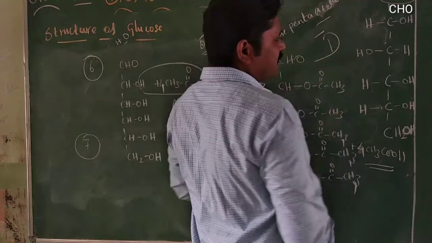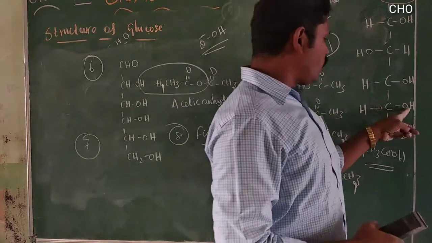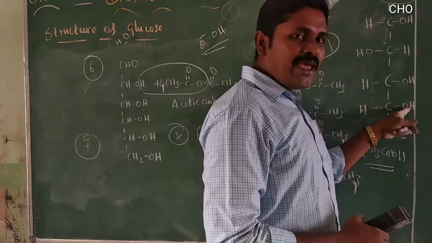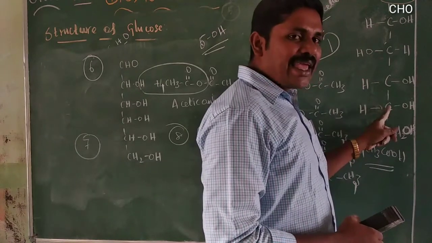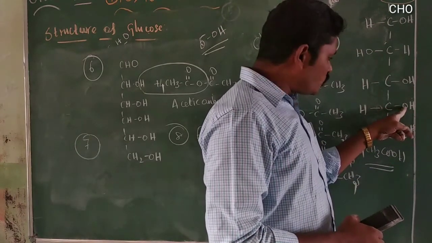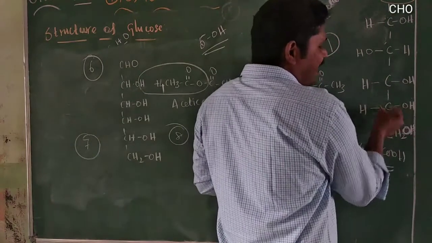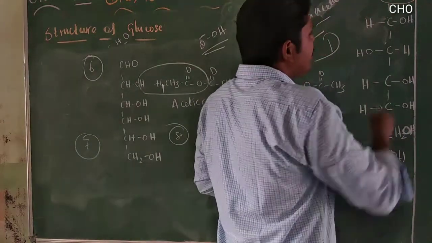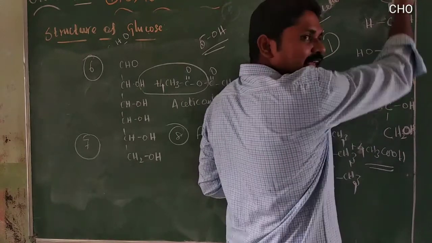Capital D means the hydroxy group is attached to the right side of the asymmetric carbon furthest from the carbonyl.